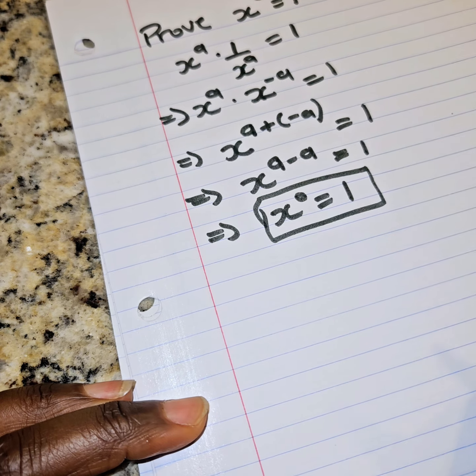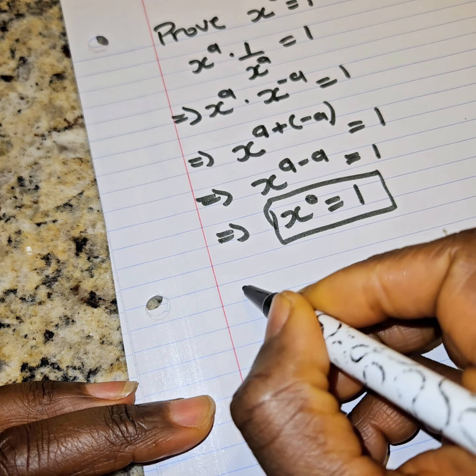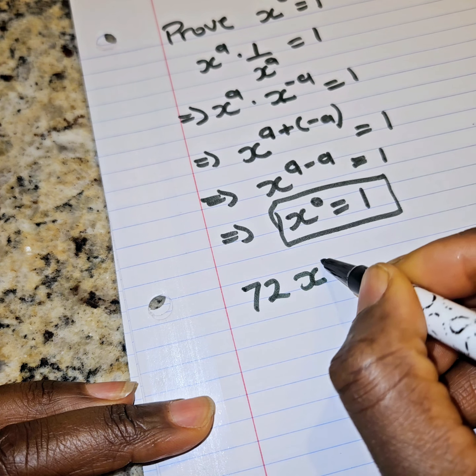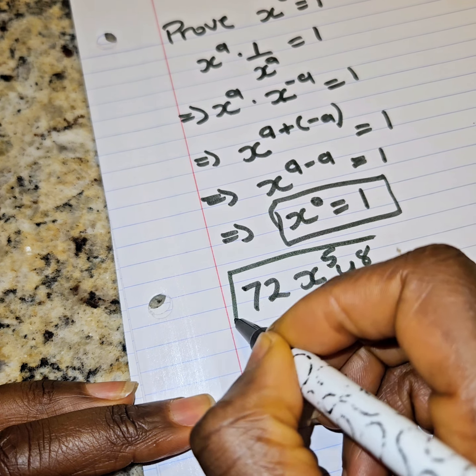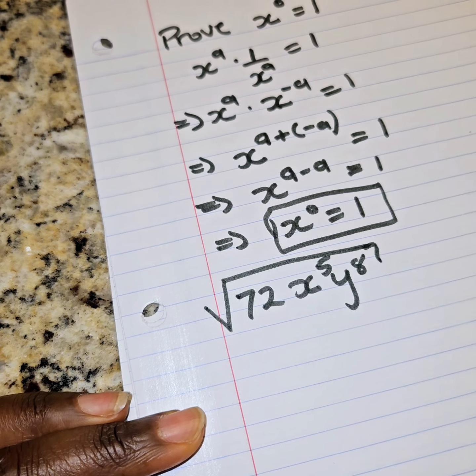Another problem, I'm going to do another simplify problem. Let's say simplify the square root of 72x to the 5y to the 8. Simplify this.